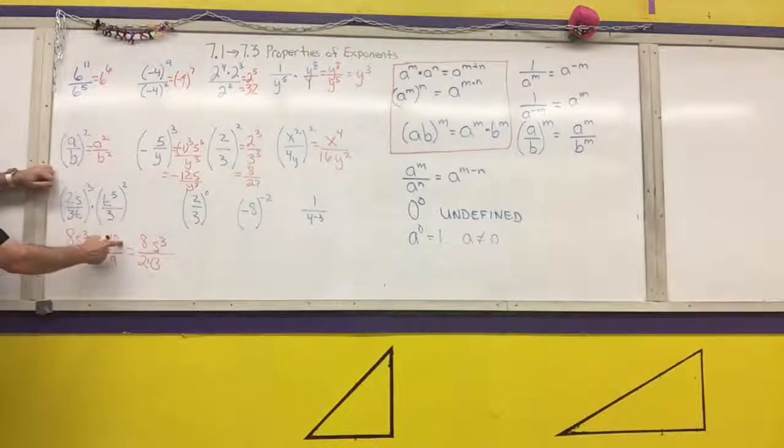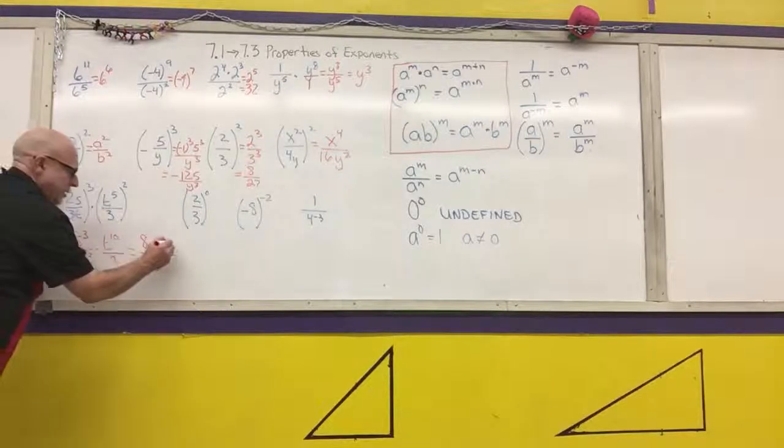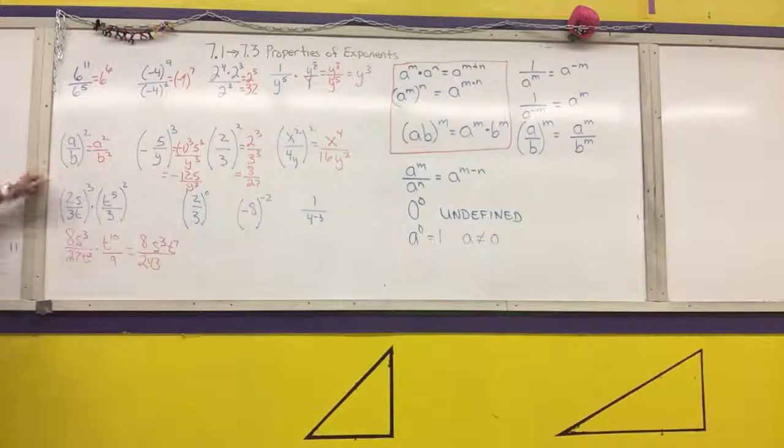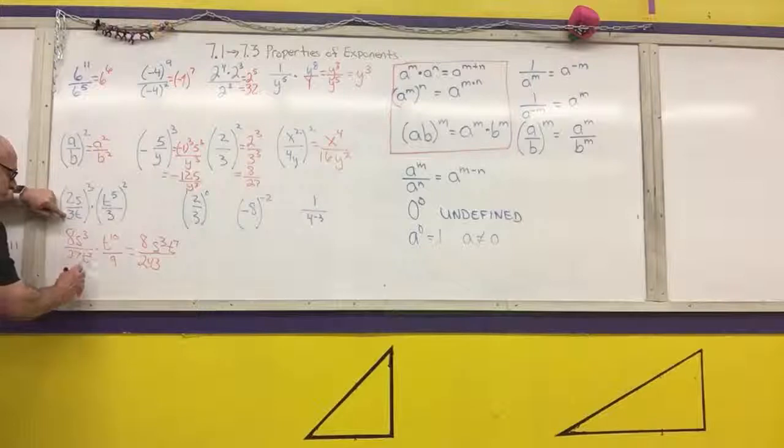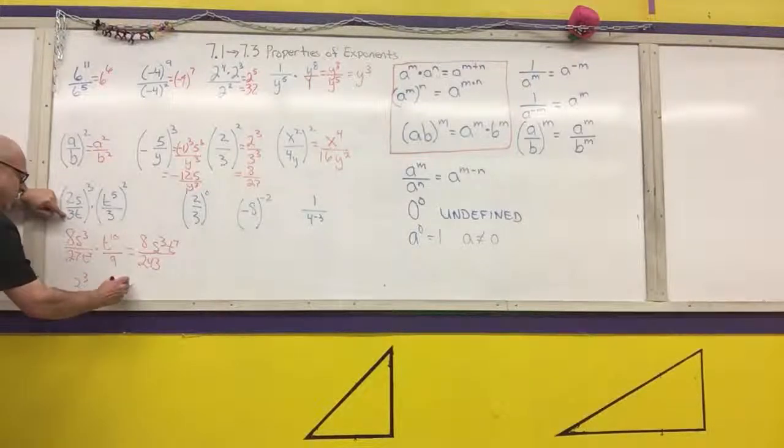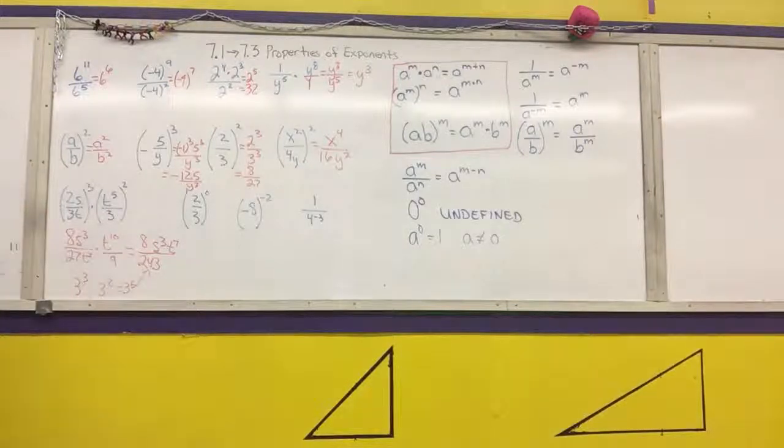Then I have t to the 10th over t cubed. So 10 minus 3 is 7. And that's the way I would write the final answer. Another way I could have done this problem with the 3's in the bottom is I have 3 cubed times 3 squared is 3 to the 5th, which is our memorized 243.